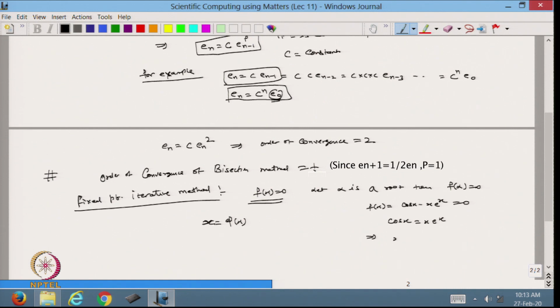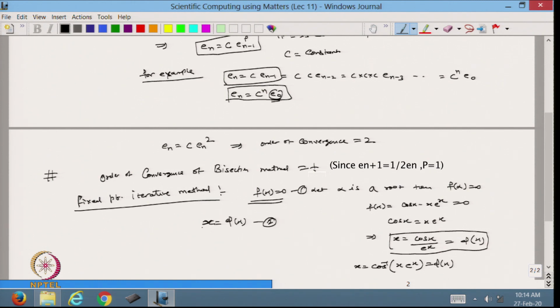So from here I can write x is equal to cos x divided by e to the x, and this can be written as phi of x. Or maybe I can write x is equal to cos inverse of x e raised to power x. This is my phi x. I can always write my function in this form.